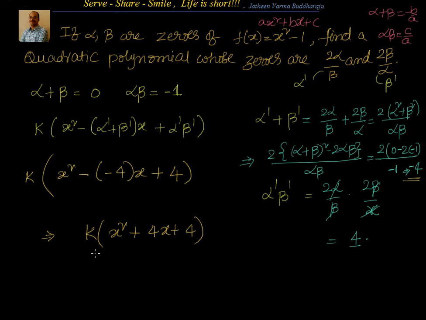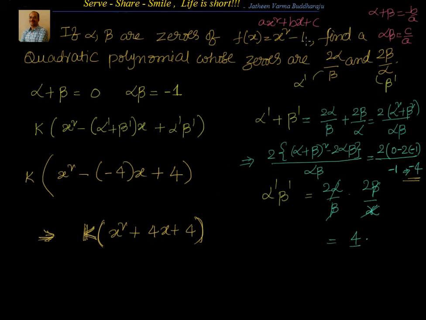So any polynomial of the form of a numerical constant multiplied by x square plus 4x plus 4 is the quadratic polynomial whose zeros are 2 alpha by beta and 2 beta by alpha, where alpha beta are zeros of a quadratic polynomial f of x equal to x square minus 1.